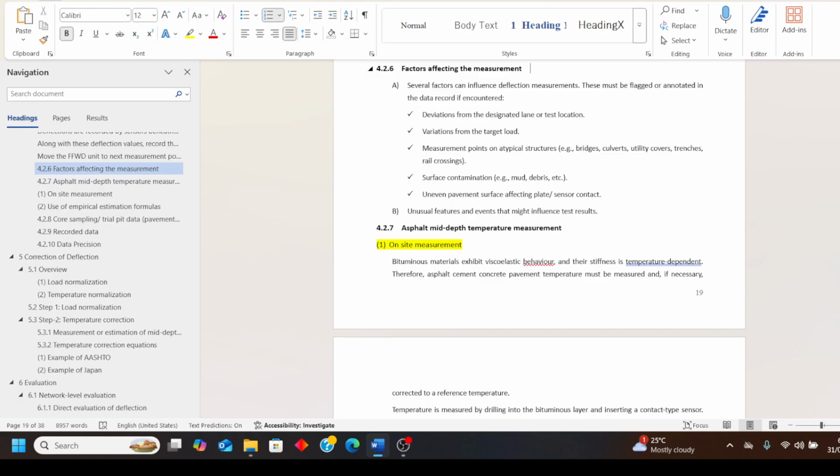All these anomalies must be flagged in the recorded data if you come across them while doing the test.